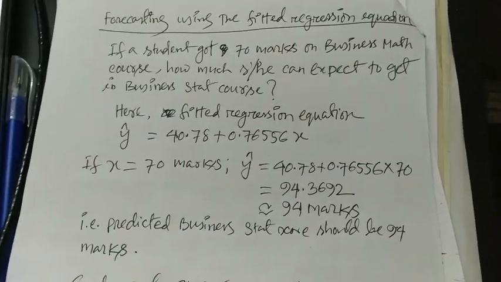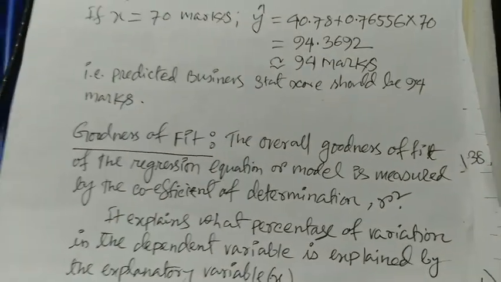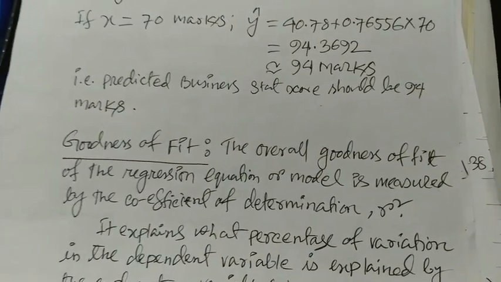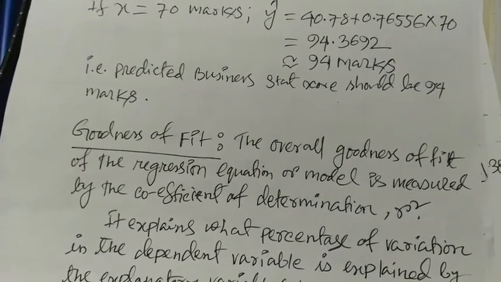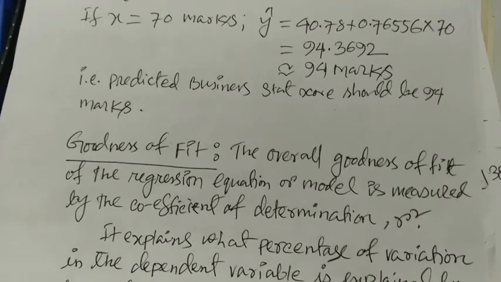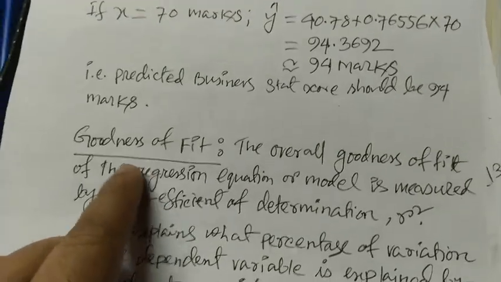So we already got the regression model and we have seen how to use it to get a forecast. Now we have to understand how good the regression model is, that means how good the model that we have developed from the data set is at predicting the future. So, goodness of fit.